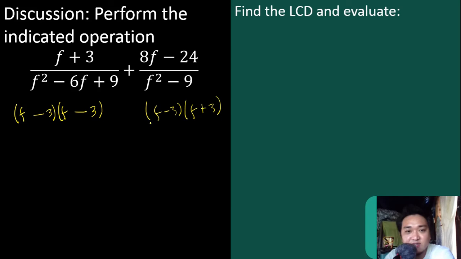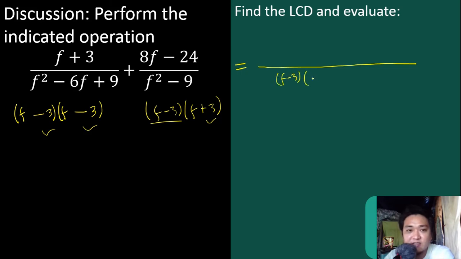So let us remove one f minus 3, because we already have one f minus 3 there. So this will be the factor. Let us avoid duplicating factors so that our expression does not get too big. So the common denominator, least common denominator will be f minus 3, another f minus 3, and another f plus 3. So that is the common denominator, or the least common denominator.